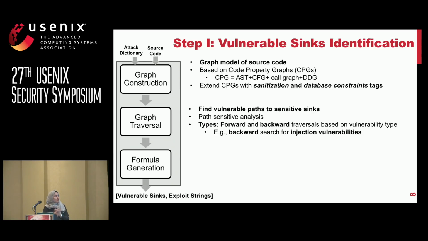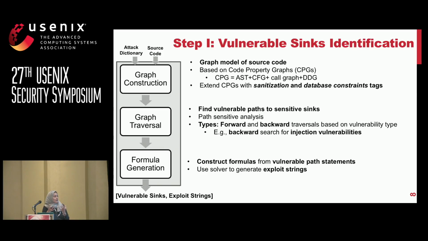For example, for injection vulnerabilities, we traverse data dependency edges in the enhanced code property graph backwards from sinks to sources. And while we are searching the graph, we utilize the tags to help us prune out potentially unexploitable paths.